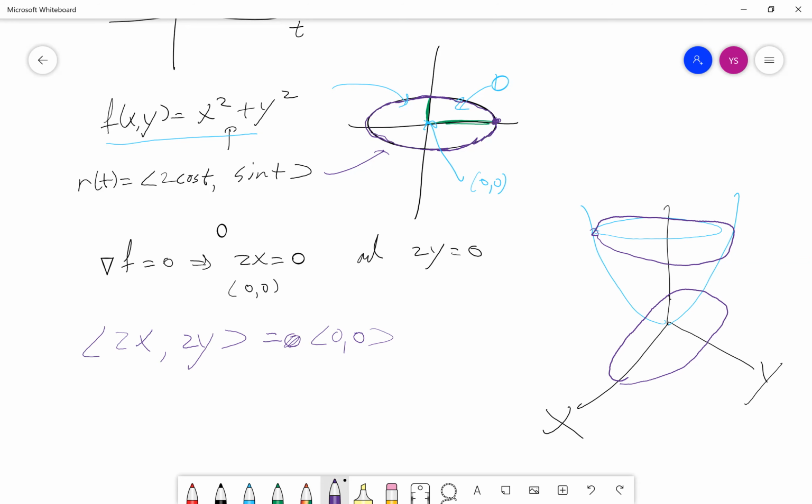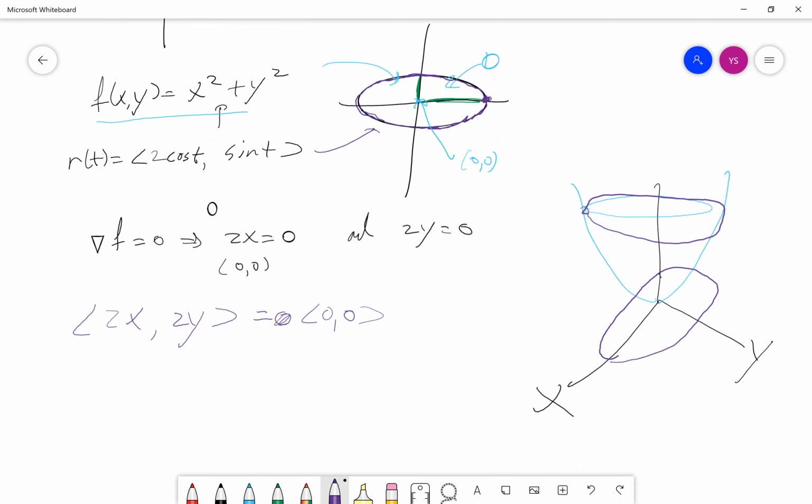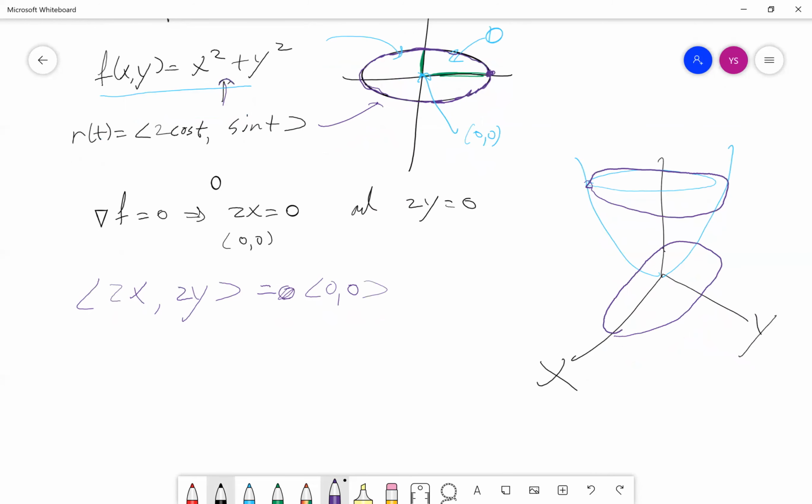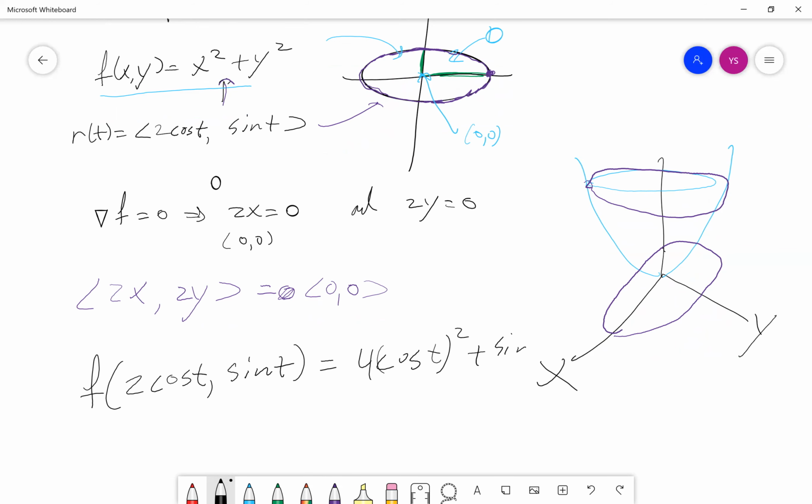Okay, so now in order to find the second part of this problem, we plug our function in to figure out what this function is on the boundary. So that would be f of 2 cosine of t, sine of t, which is equal to 4 cosine of t squared plus sine of t squared, right?